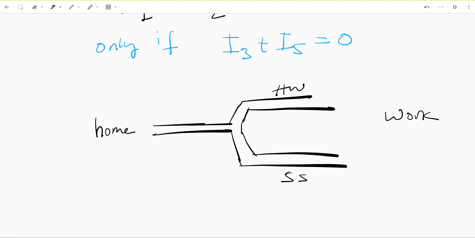Essentially, if the highway is empty, you will go through the path of least resistance. Let's say there's traffic, there are cars on the side streets. You will take the highway to get to work.